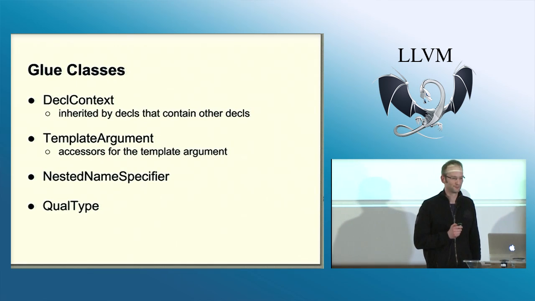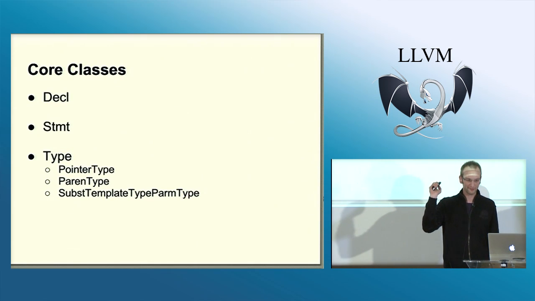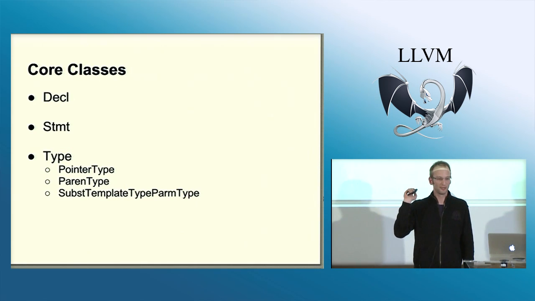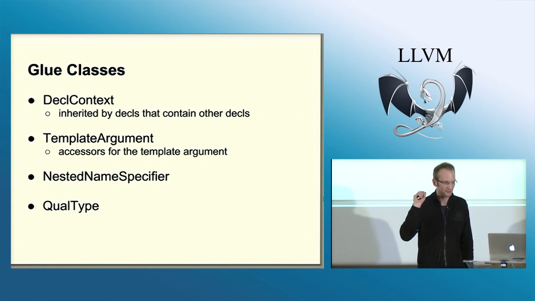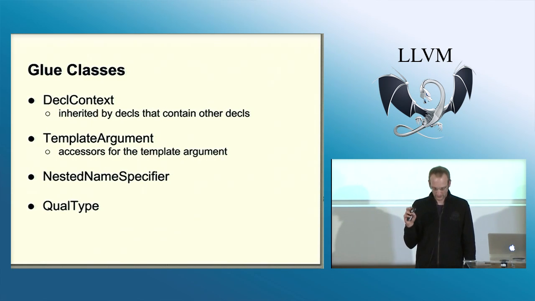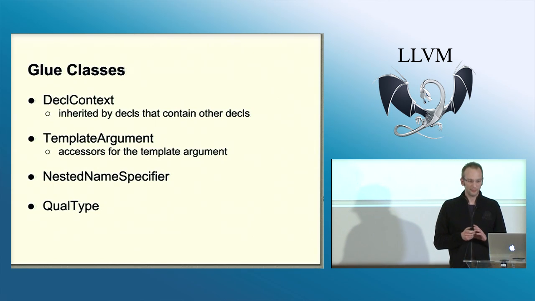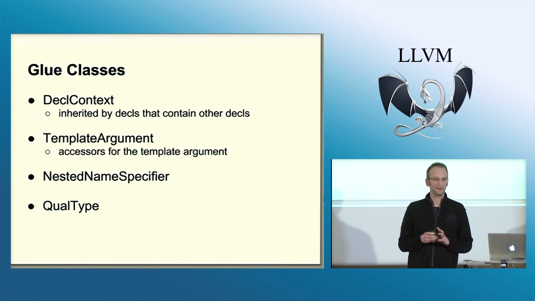Speaking of types, first, we have those basic three classes that have identity, but when you work with the Clang AST, you will find a lot of different other classes. And those classes are what I call glue classes. They are basically there to get you from one place in the AST to another one.